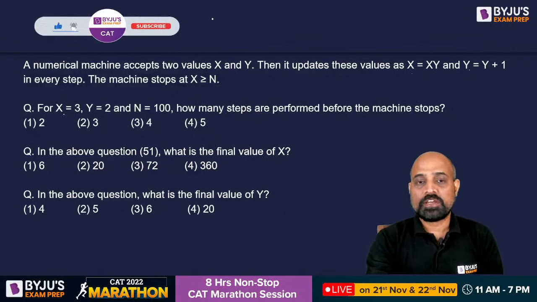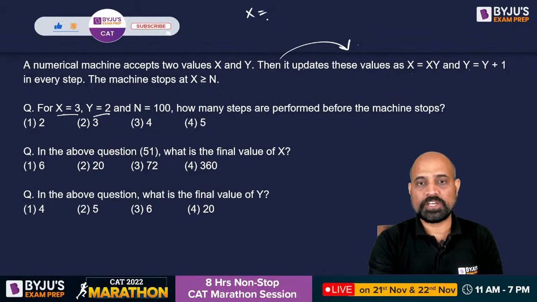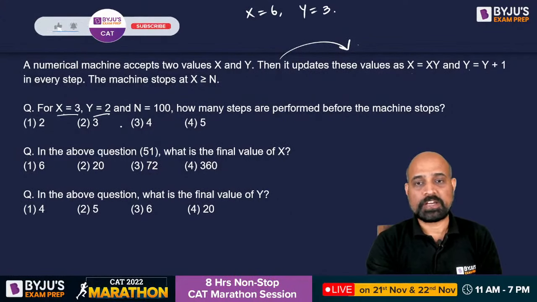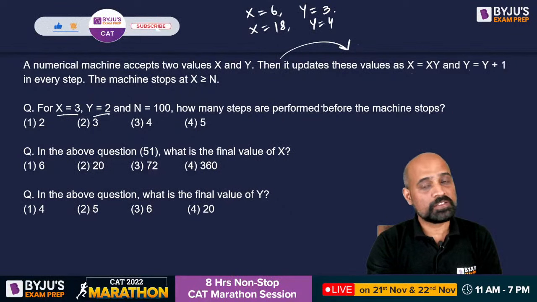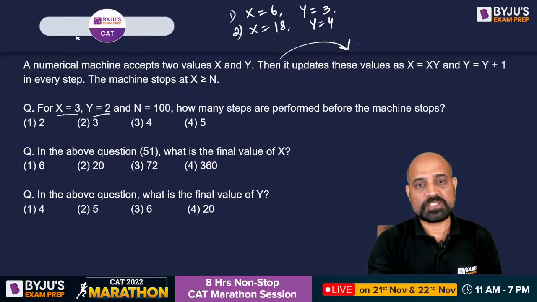So the first calculation is going to be when it accepts x is equal to 3 and y is equal to 2, then it updates the values, right? So x is going to be now 3 into 2, 6, and y will become 3. Y will increase by 1. Then x will become 6 into 3, 18, and y will increase by 1. So this was our first step, this was our second step.